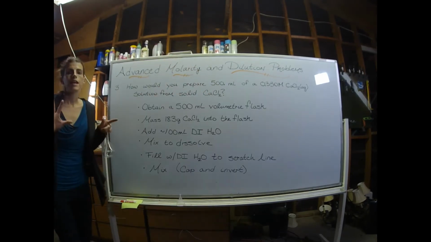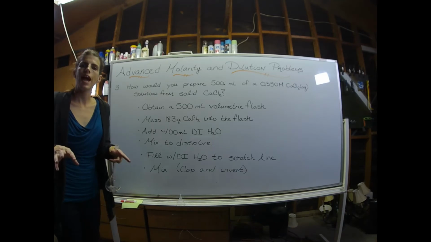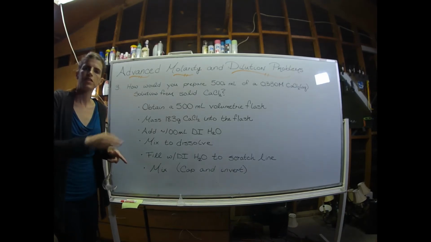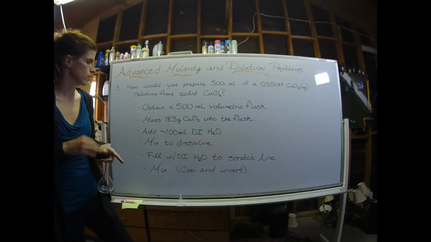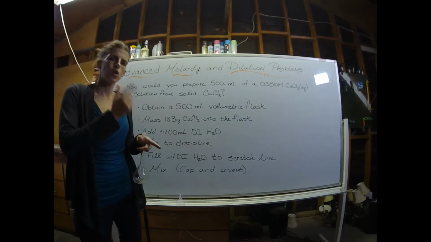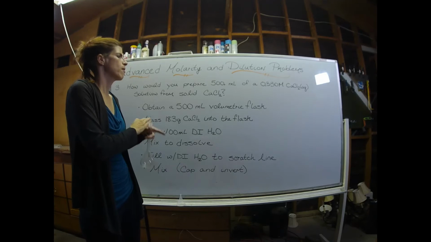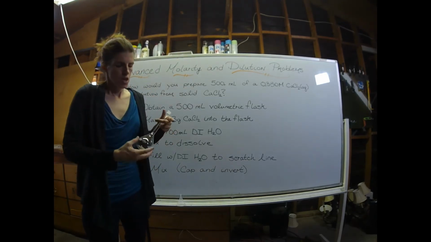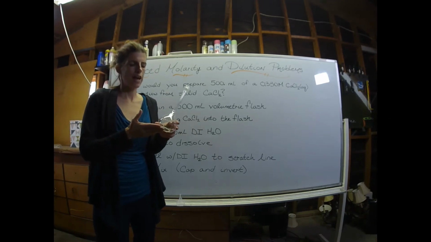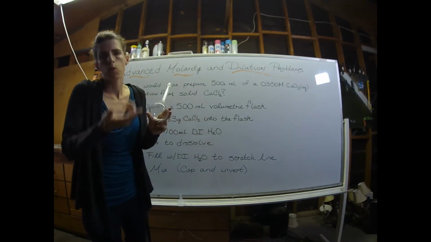Let's talk logistics. The question asked us to describe the steps and the kind of equipment we will need to prepare this solution. So the first thing you're going to want to do is grab a flask that is appropriately sized. So the volumetric flasks are only good for 1 volume.